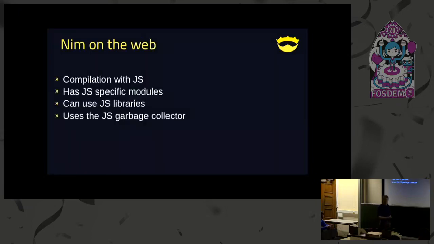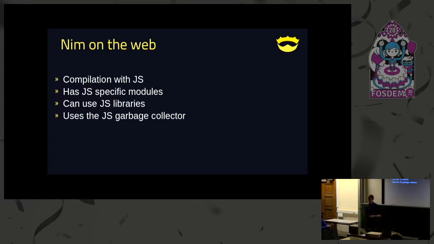You can also run it on the web. We can compile to JavaScript, as I mentioned. Again, this is not something that you would want to look at necessarily. The forums' front end is also written in Nim. The playground is also written in Nim.